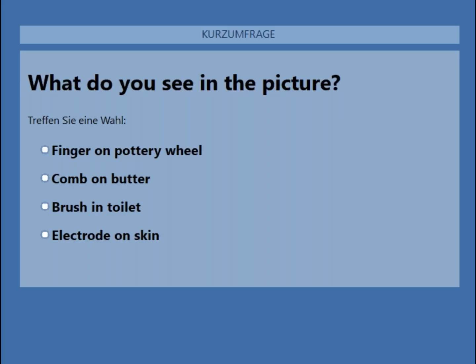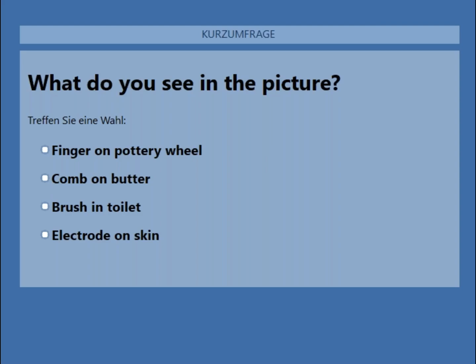Or maybe this is a butter cake and this is a clump on a butter cake. Actually, when I had this picture on the screen, my daughter showed up and said, well, Daddy, did you photograph toilets? So maybe it's a brush in a toilet. And finally, is it an electrode on the skin? So what is your suggestion?